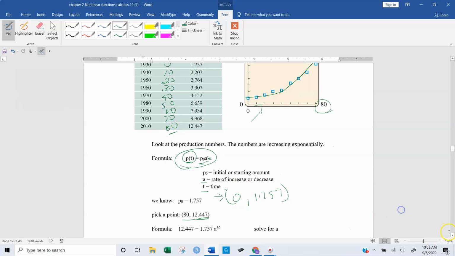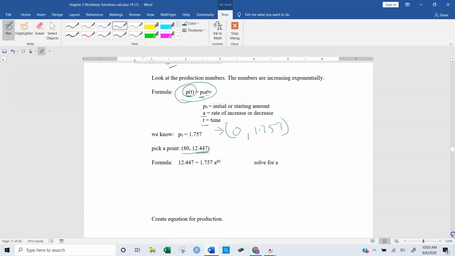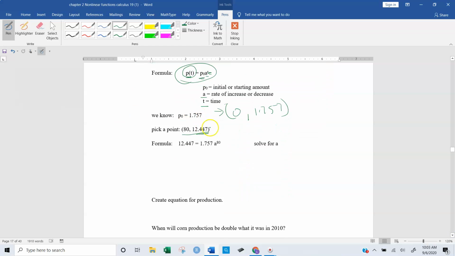So now we use those numbers and we plug them in here and we solve. So we divide by 1.757 and we get 7.08 equals a to the 80th. I need to get rid of the 80th. So I need to take this, if you remember, times the 1 over 80 power, right? Because that equals 1. But then I also have to do this.